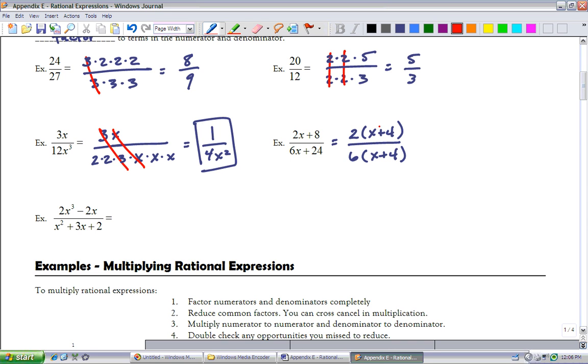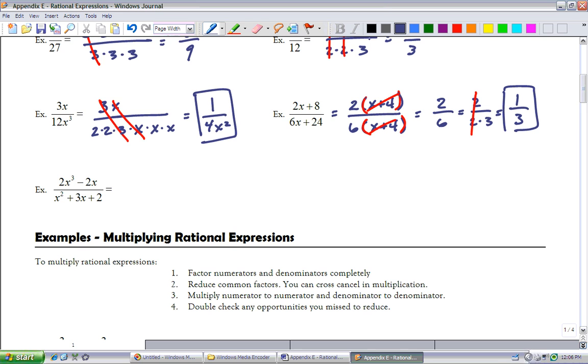And so immediately here you should notice that this entire expression x plus 4 is separated from the numerator and the denominator by multiplication. So those will cancel, and we're left with 2 over 6, which I think most of you understand is 2 over 2 times 3. Those would cancel, and we would be left with 1 over 3. So that whole expression reduces to 1 over 3. Okay?